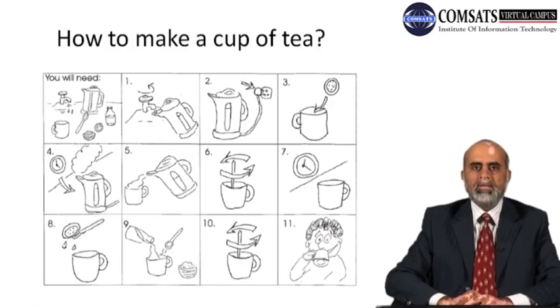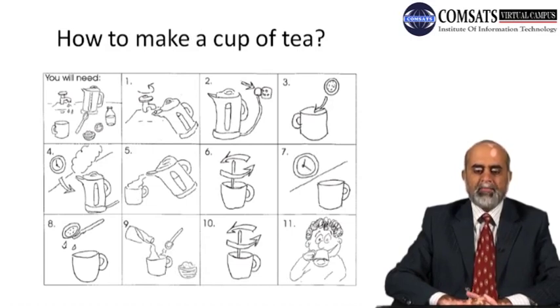Pour hot water or boiling water into the cup. Number 6. Stir it with a spoon. Number 7. Wait for a minute or few seconds. A minute, I would say.